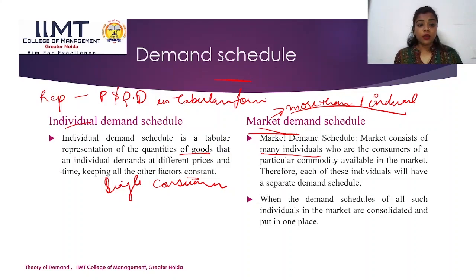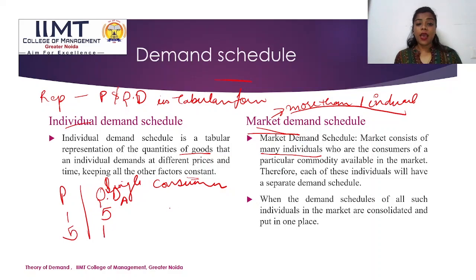So here, let us say price and quantity demanded of consumer A. This is basically an individual demand schedule. If the price is 1, the demand is 5, and if the price rises to 5, the quantity demanded is 1.